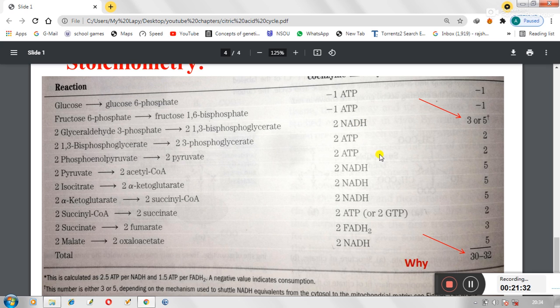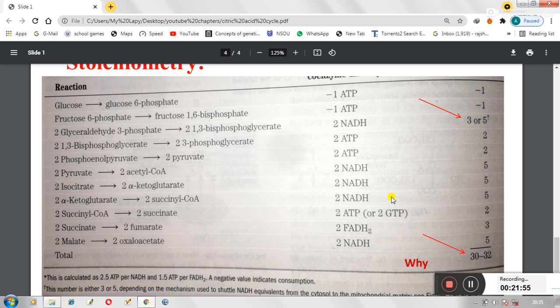Now the journey starts from pyruvate to acetyl-CoA. Whenever pyruvic acid is produced, it enters into the mitochondria. Inside the mitochondria the pyruvate will be totally oxidized, and all the NADH are produced inside the mitochondria, and this NADH will go to the terminal respiration.